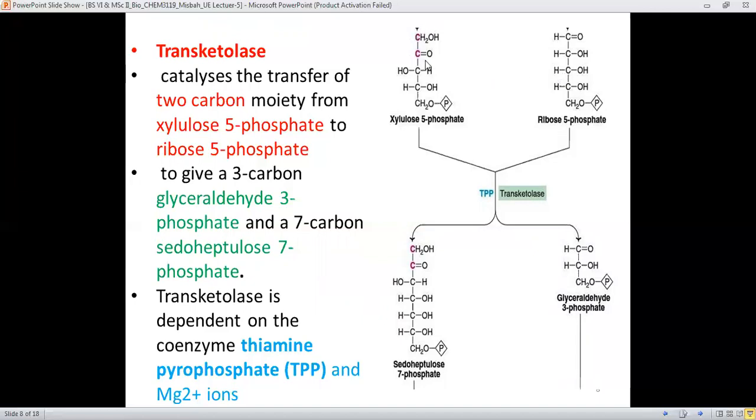Therefore, xylulose 5-phosphate remains with only 3 carbon units, like glyceraldehyde 3-phosphate. It means this xylulose 5-phosphate has been changed into this one, and ribose 5-phosphate has been changed into sedoheptulose 7-phosphate after incorporation of these first carbons.